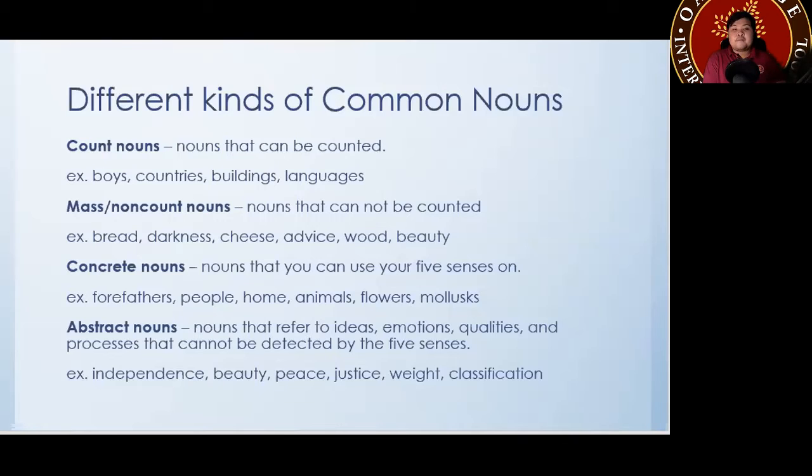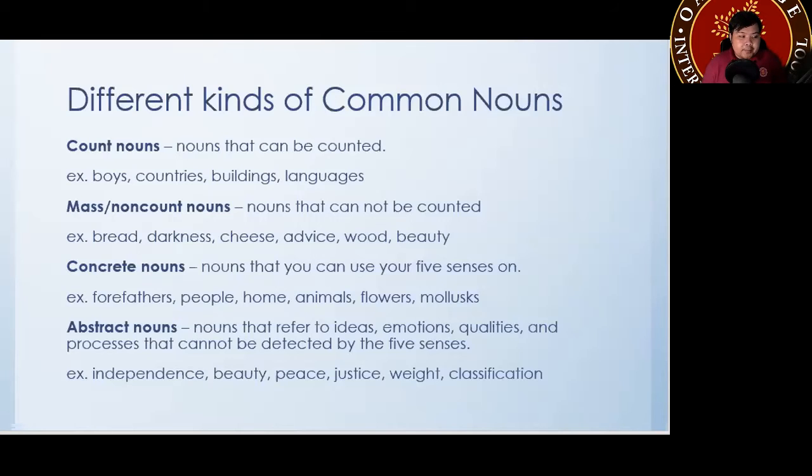But abstract nouns are nouns that refer to ideas and emotions and qualities and processes that cannot be detected by your five senses. Example, independence, beauty. Well, you may go, Sir Vince, I can see beauty. Isn't that a concrete noun? Beauty is seen, yes.